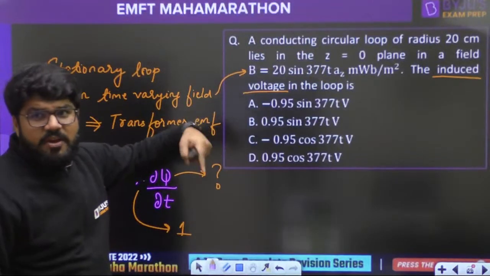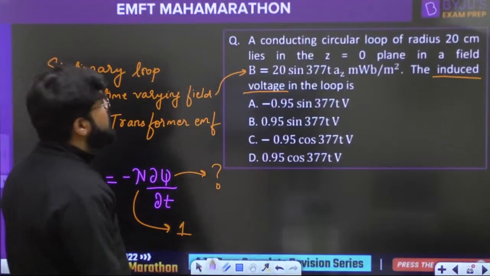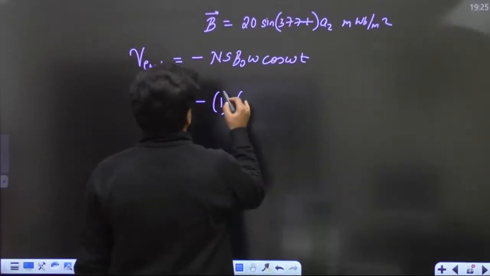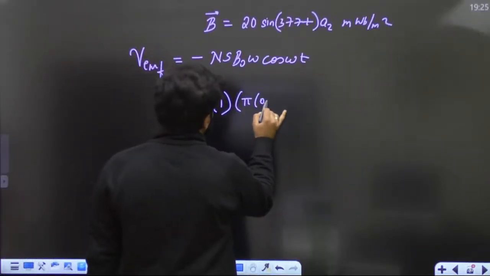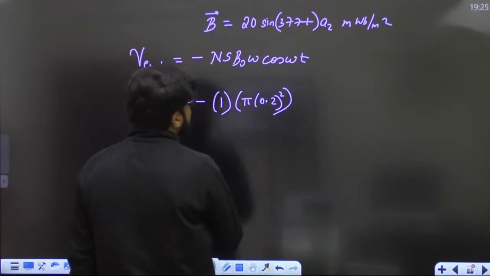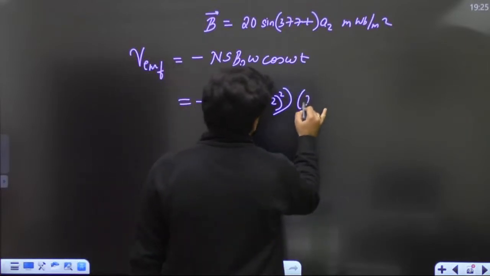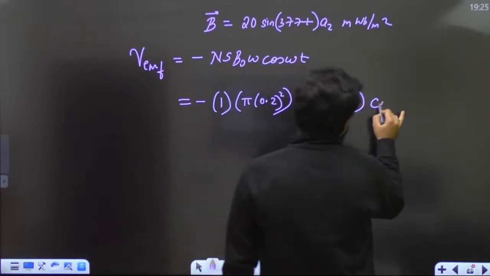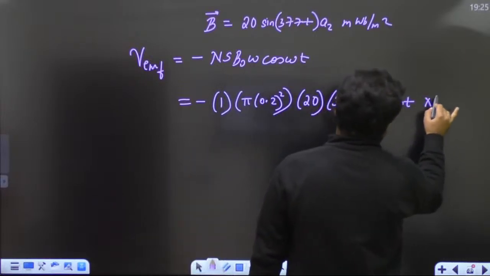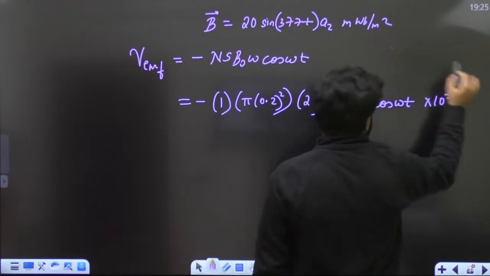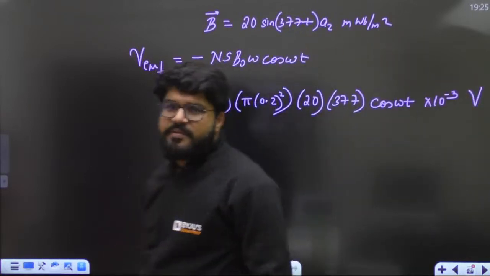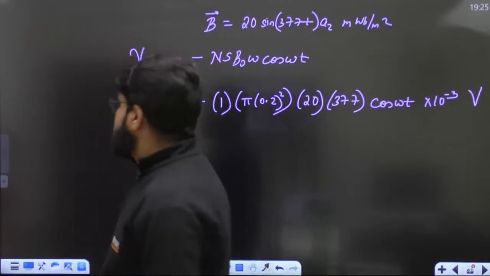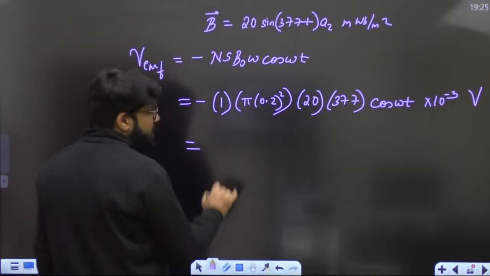it is a circular loop, so the area of the circle is pi r square. The radius is 0.2, 20 centimeters converted to meters. B naught is 20, omega is 377, into cos omega t and into 10 power minus 3 volts, because of milli. Let us complete the calculation.